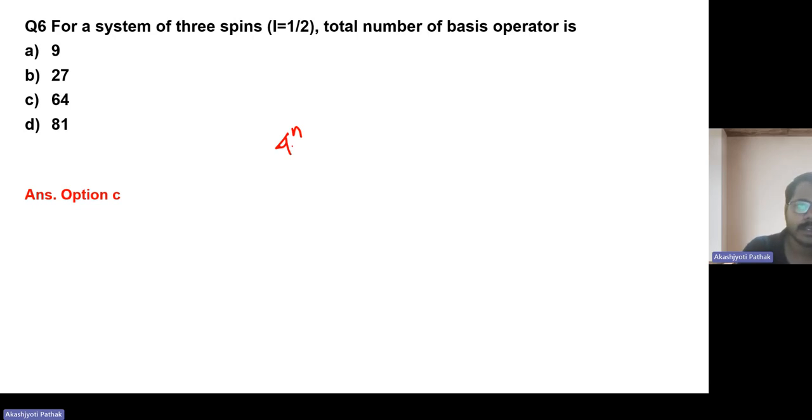How many spins are there? There are three. So 4 to the power 3. 4 times 4 is 16, times 4 is 64. So that is the correct answer, option C.